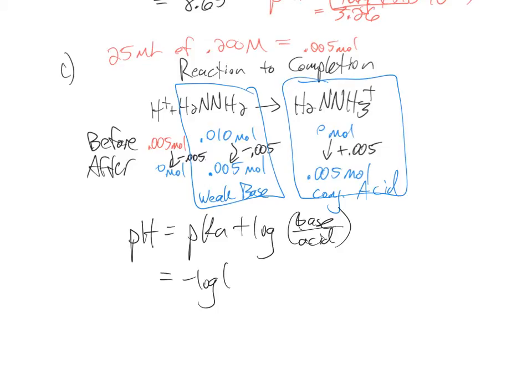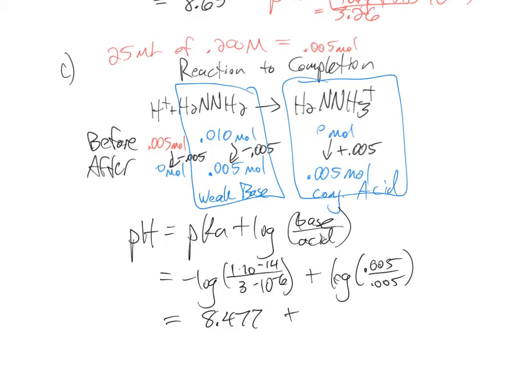Just like before, find Ka from Kw and Kb. And just plug in numbers of moles instead of molarity. Don't worry, because the ratio of moles is also the ratio of the molarity. The log of 1 is 0.